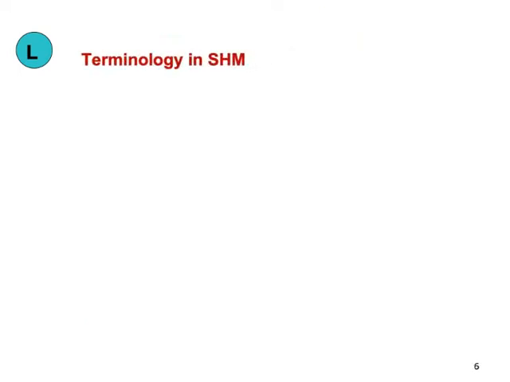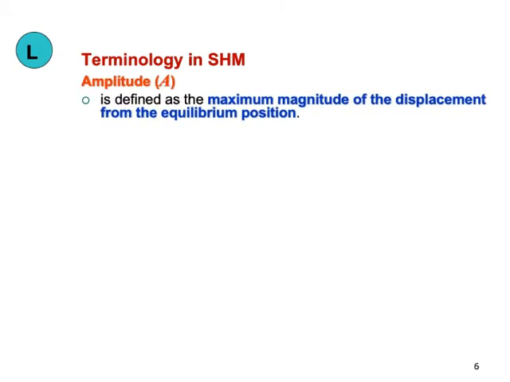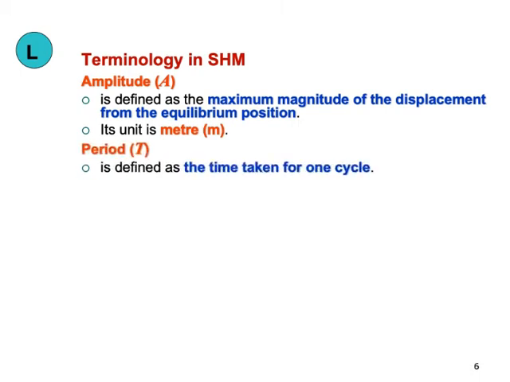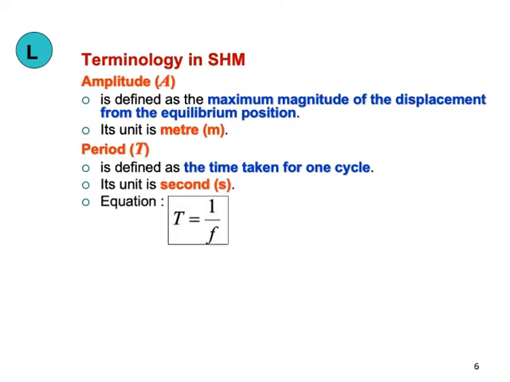Terms in simple harmonic motion. Amplitude is defined as the maximum magnitude of the displacement from the equilibrium position. Its unit is meter. Period is defined as the time taken for one cycle. Its unit is second. Equation T equals to 1 over f.